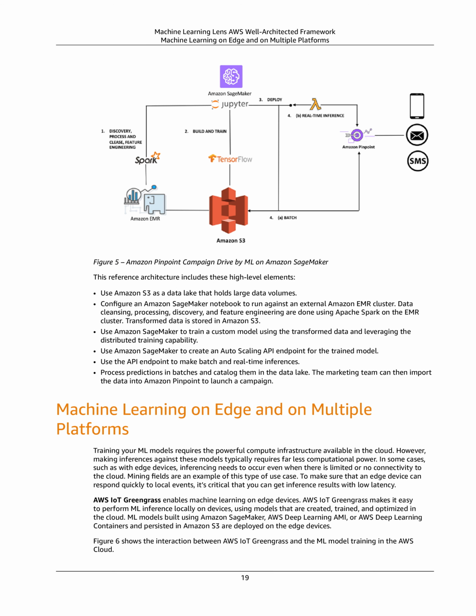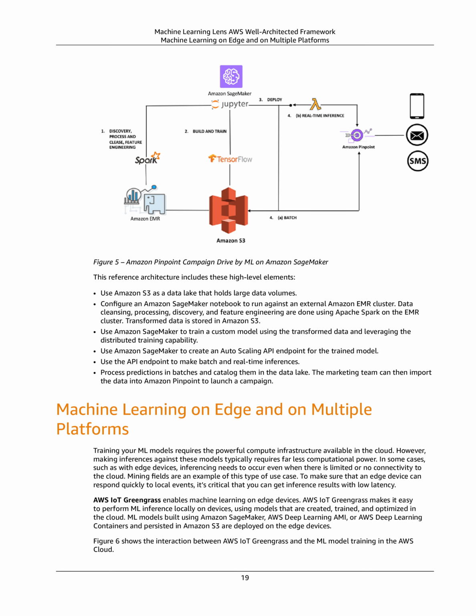This reference architecture includes these high-level elements. Use Amazon S3 as a data lake that holds large data volumes. Configure an Amazon SageMaker notebook to run against an external Amazon EMR cluster. Data cleansing, processing, discovery, and feature engineering are done using Apache Spark on the EMR cluster. Transformed data is stored in Amazon S3.